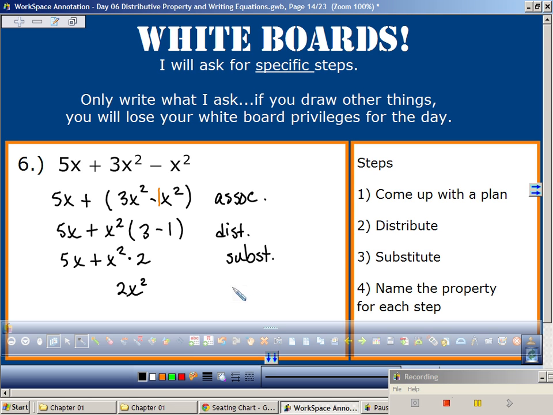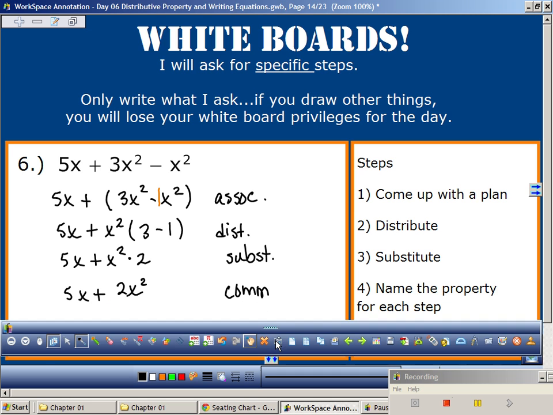I'm asking you for a specific reason. x squared 2 times is the same as 2x squared. What property is that? No. What did you say last time? Right? I'm moving the 2 in front of the x squared, right? Commutative property.